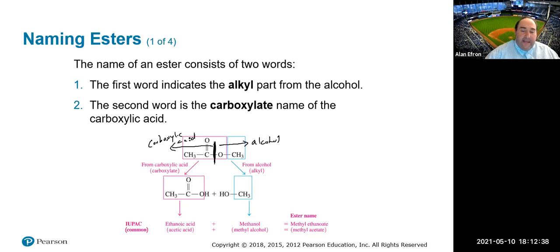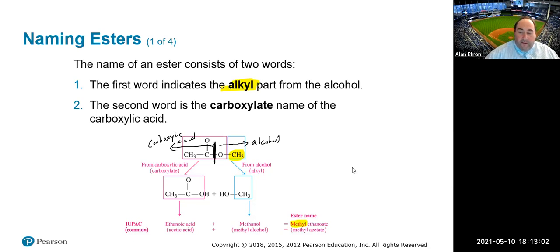That's because the part that comes from the alcohol is just named like an alkyl group. This part here, which comes from the alcohol, has really just a one carbon group. One carbon group is basically a methyl group, and that is where that part of the name comes from, methyl.